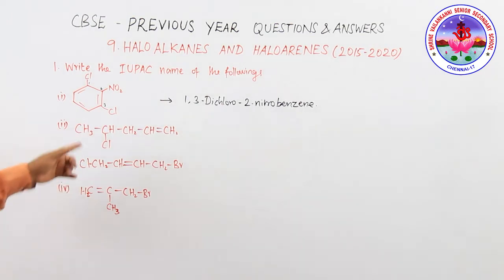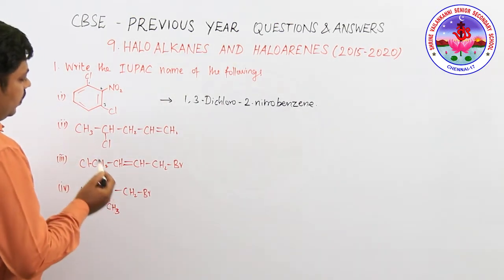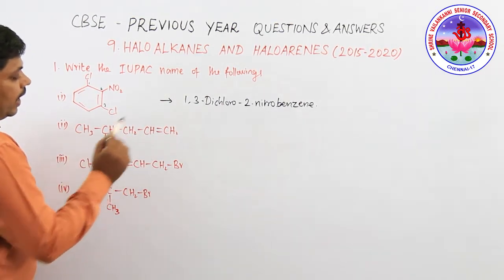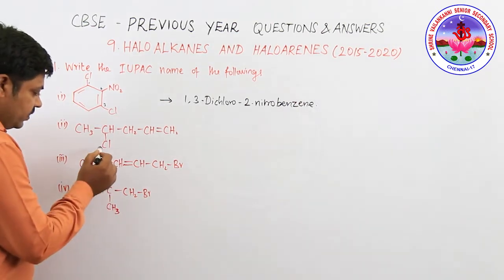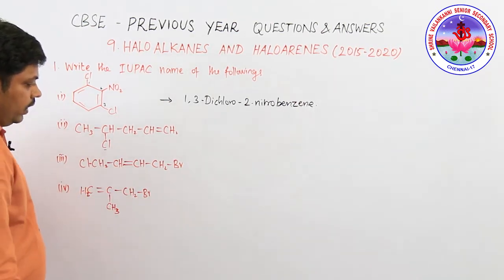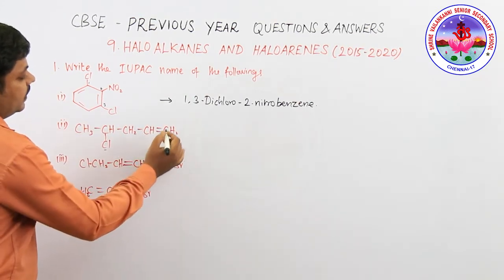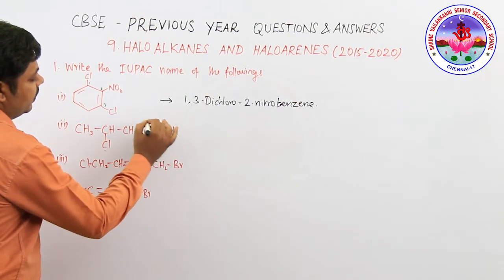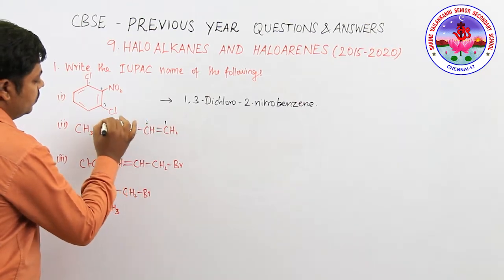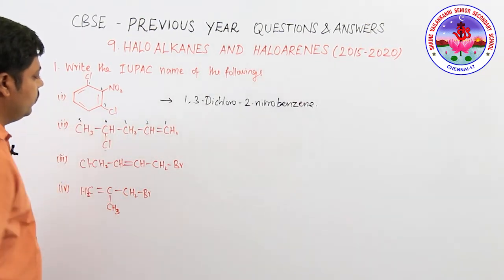Look at the second one. There are 5 carbon atoms, and one substituent, that is chlorine. The double bond is present on this side, that is why you have to give the numbering this way: 1, 2, 3, 4, 5.